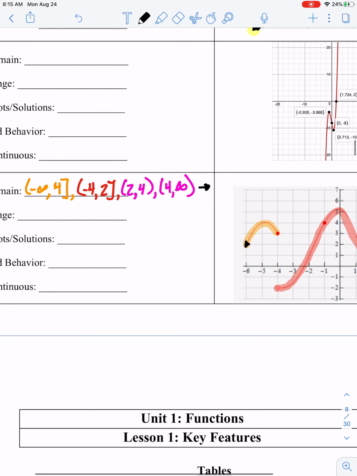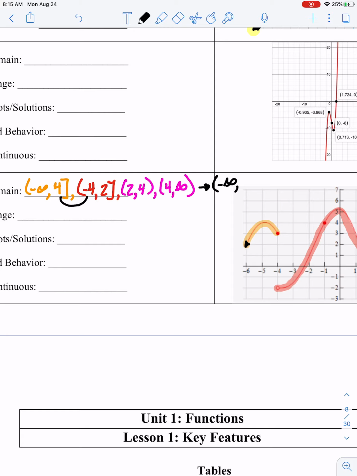Now, when you want to write this as your final answer, because this is very complicated to look at, you just simplify it. So the smallest is negative infinity, and it goes to 4, okay? And I have 4 as a bracket. Then I have 4 as a parenthesis. If you have a bracket, it's going to override the parenthesis.